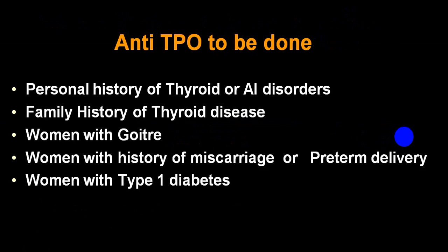So TPO antibody should be done in all autoimmune disorders: family history of thyroid disease, a woman with a goiter, a woman with a miscarriage, preterm deliveries or premature deliveries, type 1 diabetes mellitus, or even before pregnancy. During the first trimester also, a TPO antibody study should be done in a female.